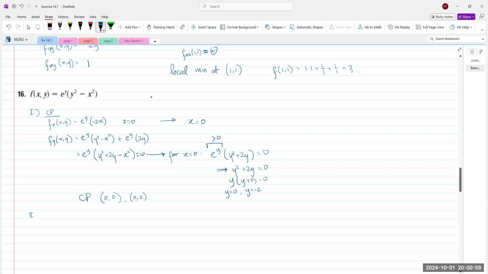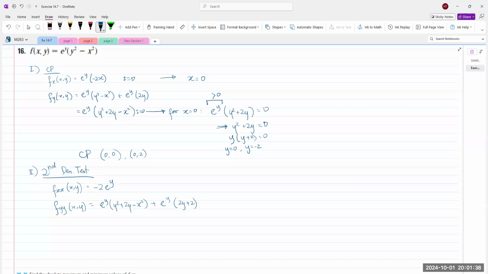Second derivative test. f sub xx of (x,y) will be negative 2e to the y. f sub yy of (x,y) will be ugly. So there will be e to the y times y squared plus 2y minus x squared plus e to the y times 2y plus 2.